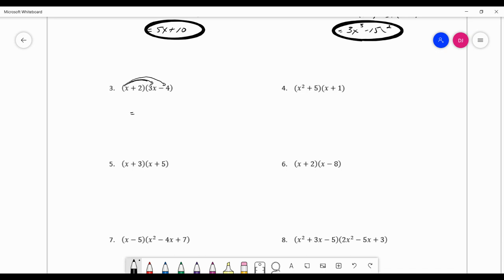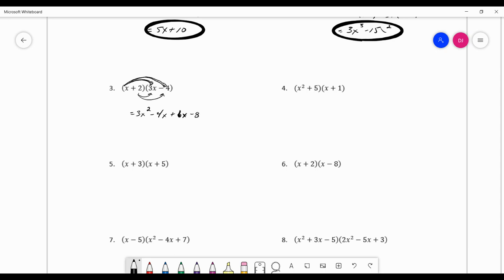So the x times the 3x is 3x squared. X times the negative 4 is negative 4x. Now when I distribute the 2 to the 3x, 2 times 3x is 6x. 2 times the negative 4 is negative 8.